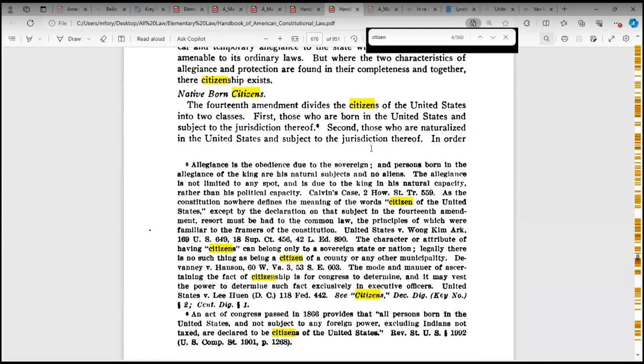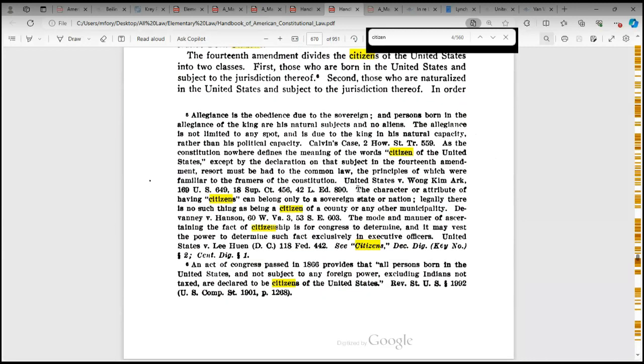As the Constitution nowhere defines the meaning of the word citizen of the United States, except by the declaration on the subject in the 14th Amendment, resort must be had to the common law, the principles of which were familiar to the framers of the Constitution. And that's what I have said continuously. The 14th Amendment is a principle of common law that they made an act out of and recognized as a whole for the country.